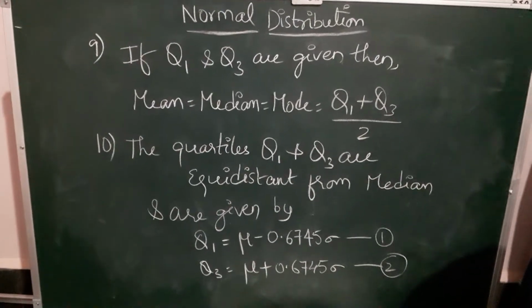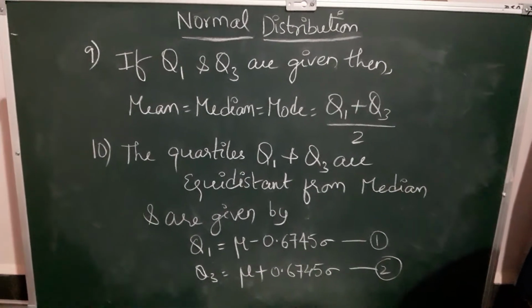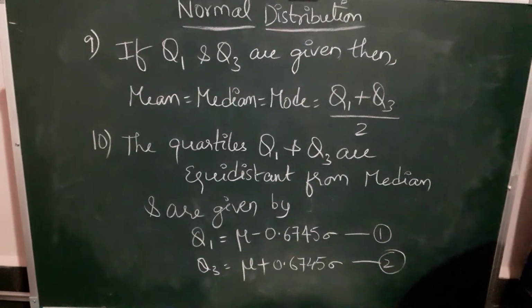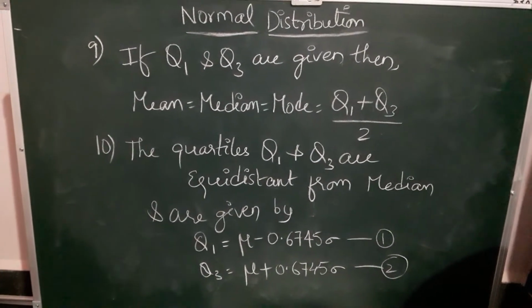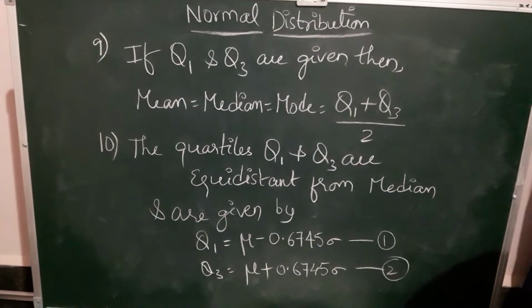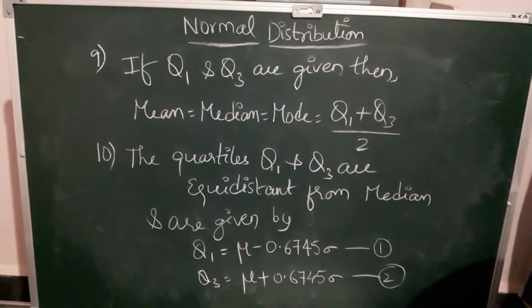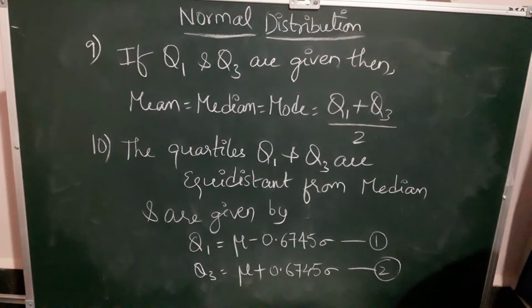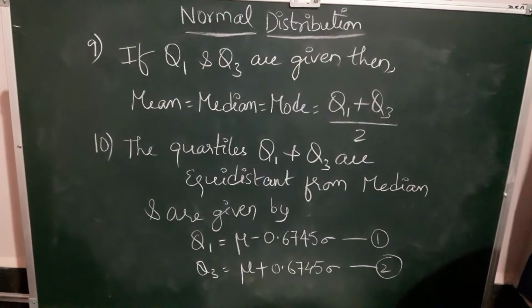And look at the 10th property. The quartiles Q1 and Q3 are equidistant from the median. This property we have already seen in the first year concept, if you remember. In a symmetrical curve, Q1 and Q3 are equidistant from the median. What is the median?